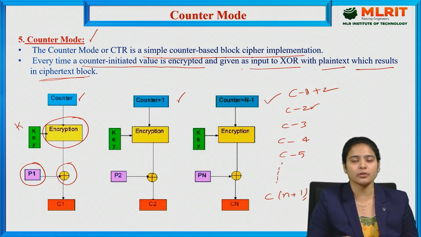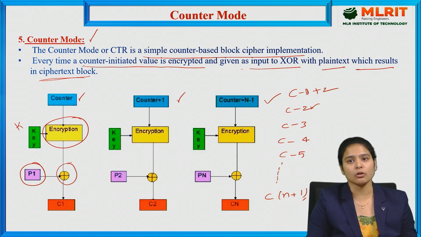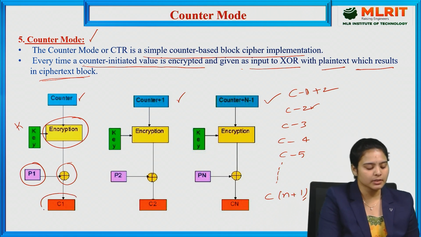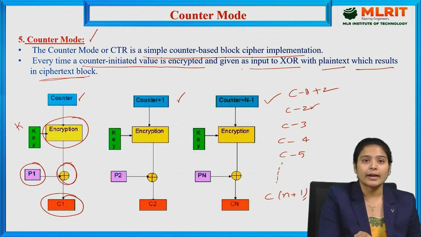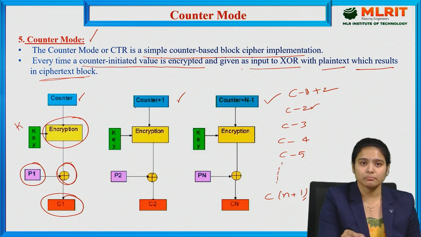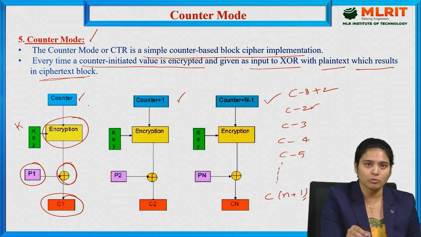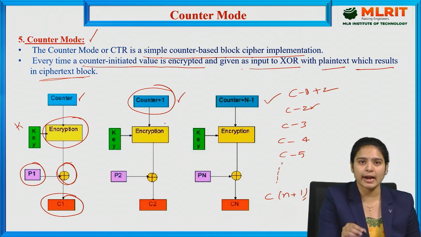Whenever we use the counter block, it is encrypted and combined with the plaintext P1. P1 is converted to the ciphertext C1 by using the XOR operation, and also counter plus 1 is now added in this process.